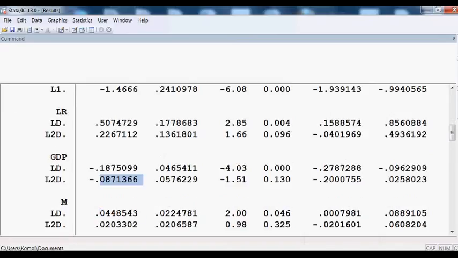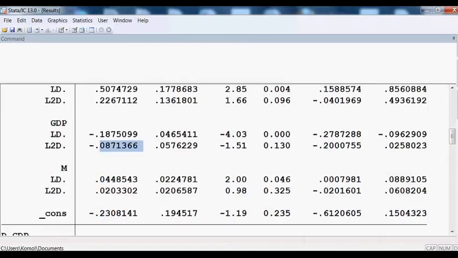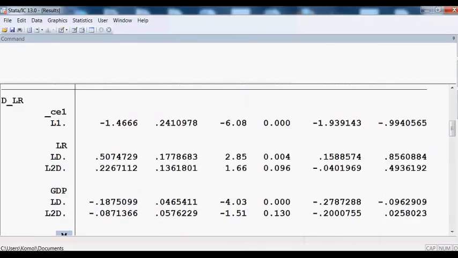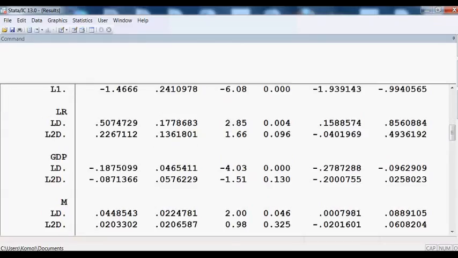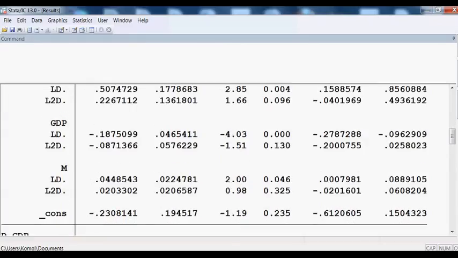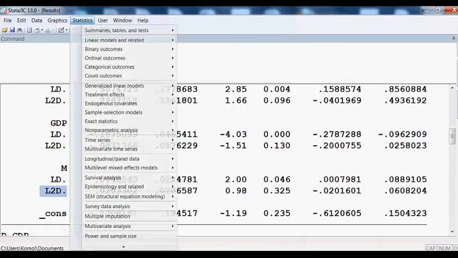Okay. Then I talk about this one, whether money supply, that is M, can cause LR or not in the short run. As before, I check whether LD and L2D are 0 or not. So I proceed as before.